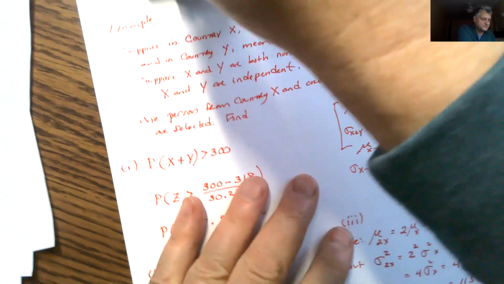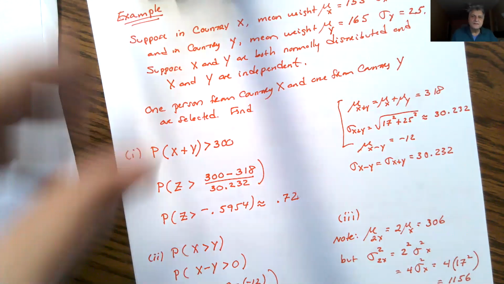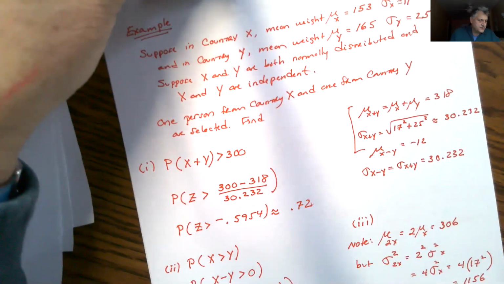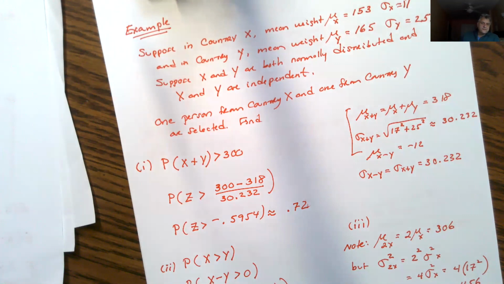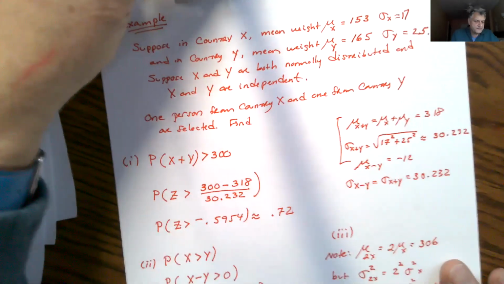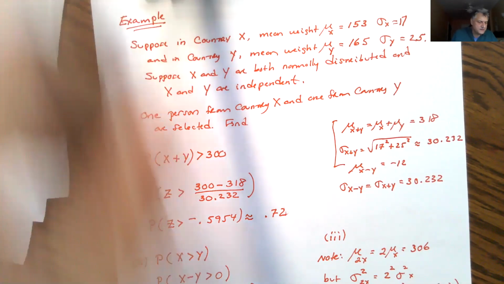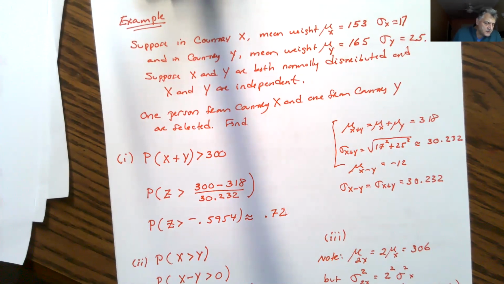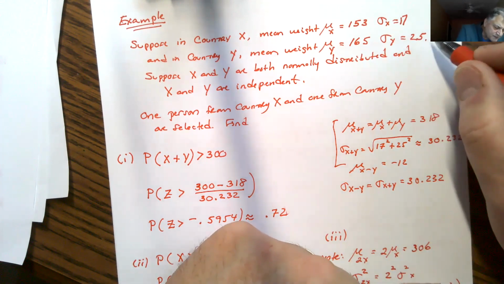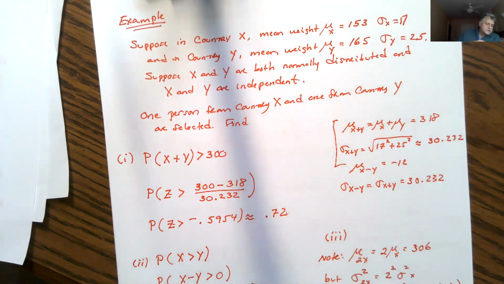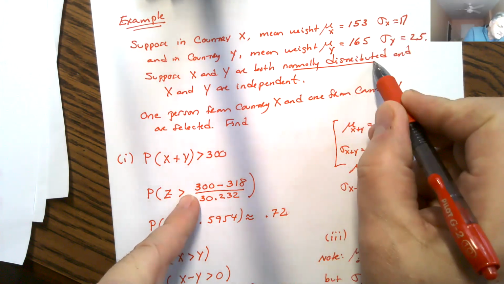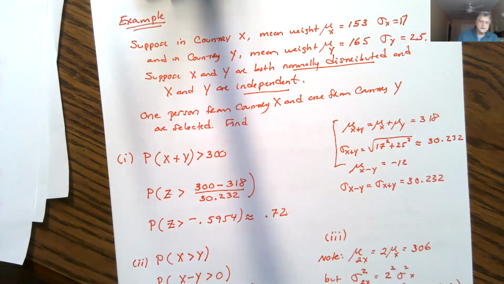Here's an example. Suppose in country X, the mean weight is 153, standard deviation 17. Country Y, the mean weight is 165, standard deviation is 25. Suppose X and Y are both normally distributed and they are independent.